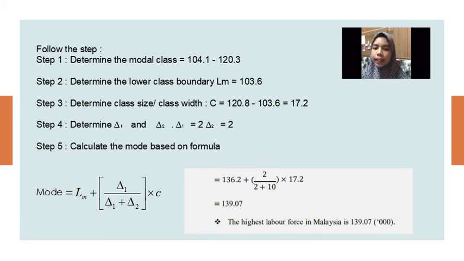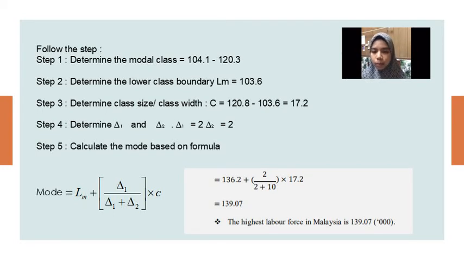Step 4. Determine triangle 1 and triangle 2. Triangle 1 is equal to 2 and triangle 2 equals 2 also. Step 5. Calculate the mode based on the formula given.